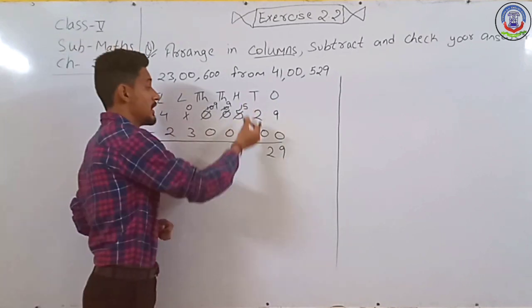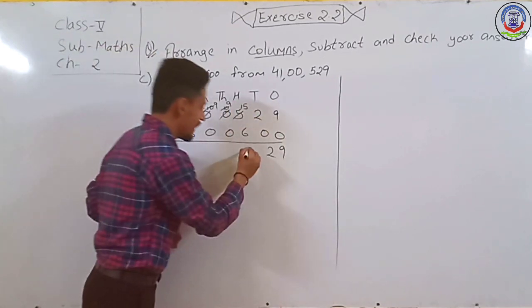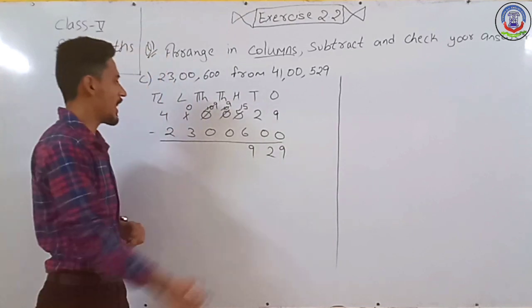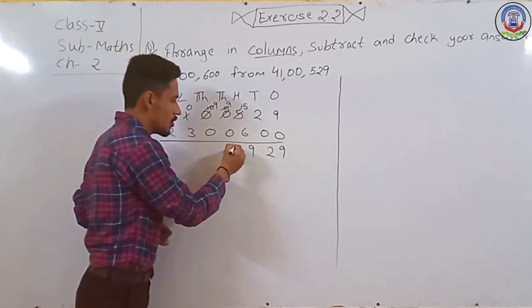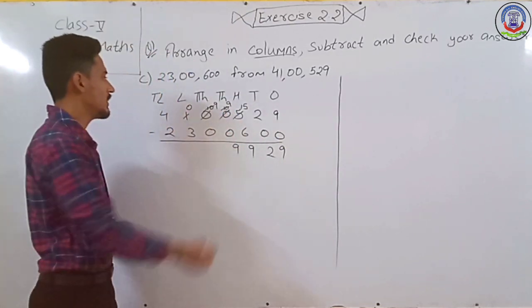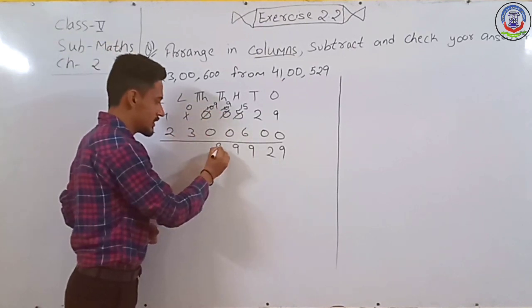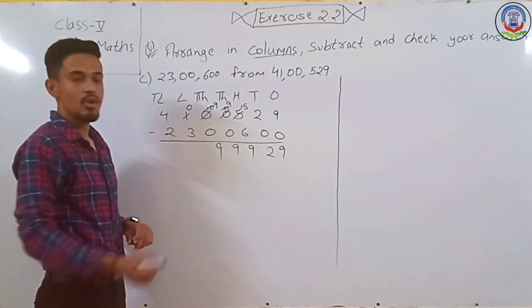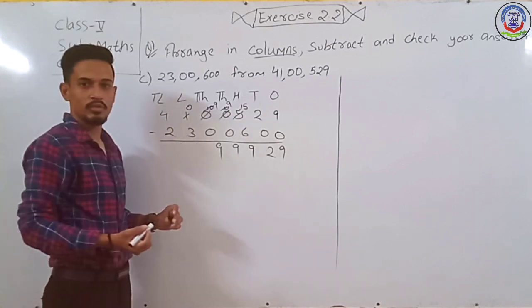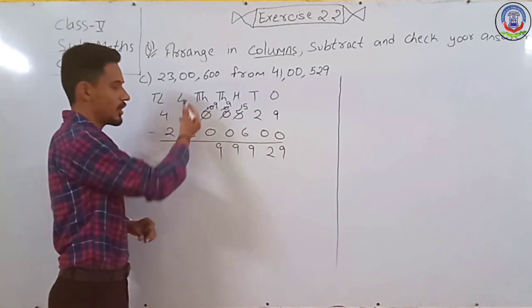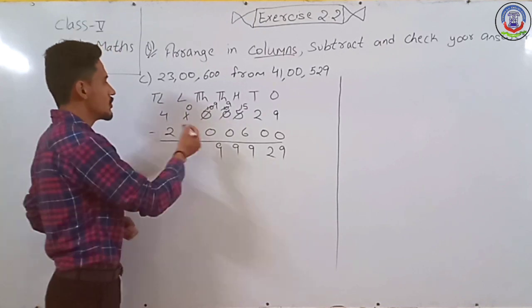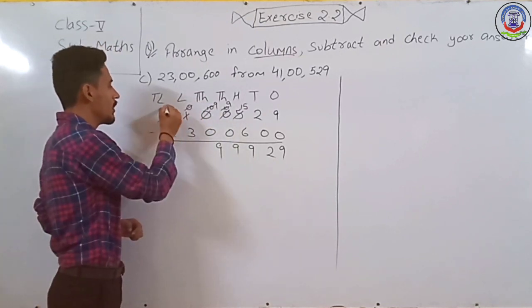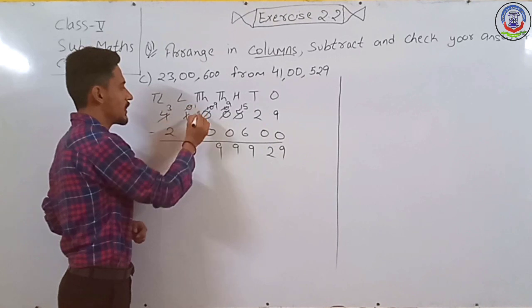Now 15 subtract 6 is 9. Next we have 9 subtract 0. So we write 9. Next we have 9 subtract 0 is 9. Next we have 0 subtract 3. When we subtract 3 from 0, it is not possible. So we borrow from 4. This becomes 3 and this becomes 10.